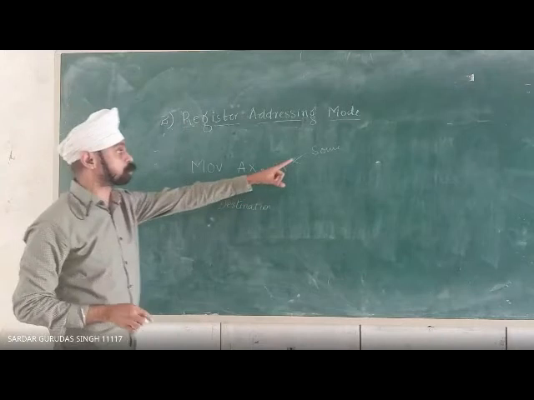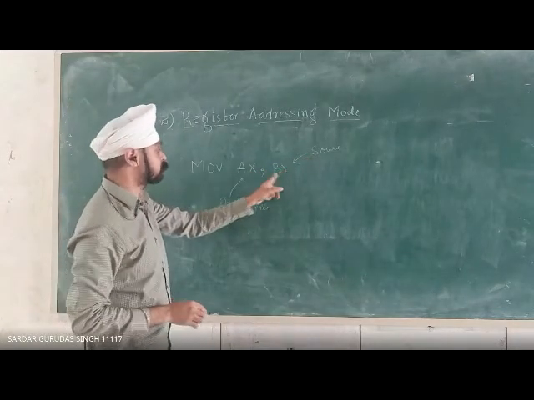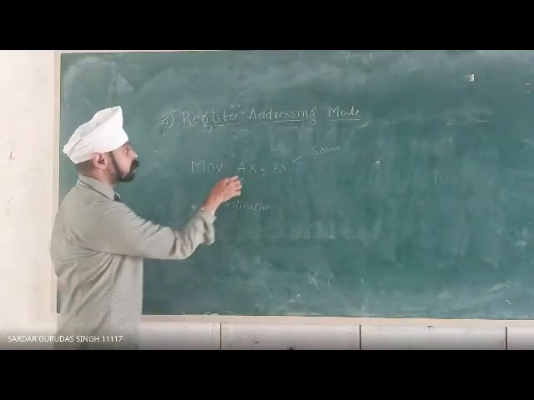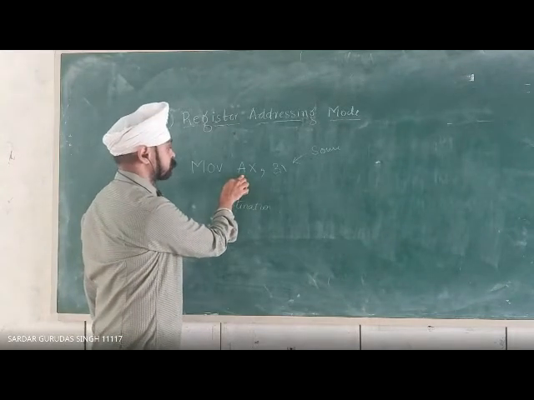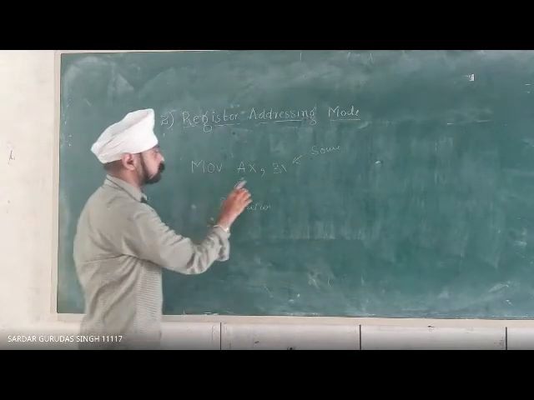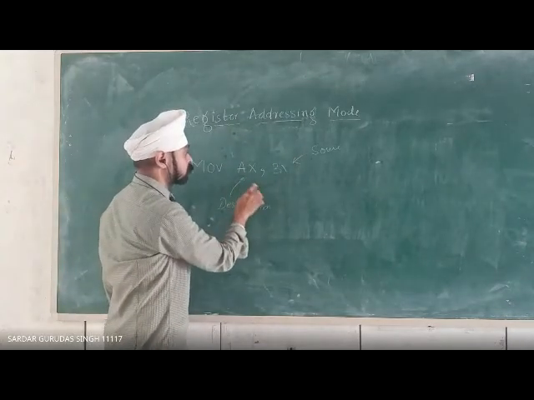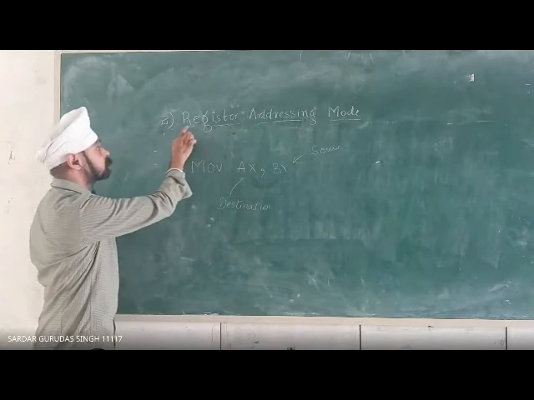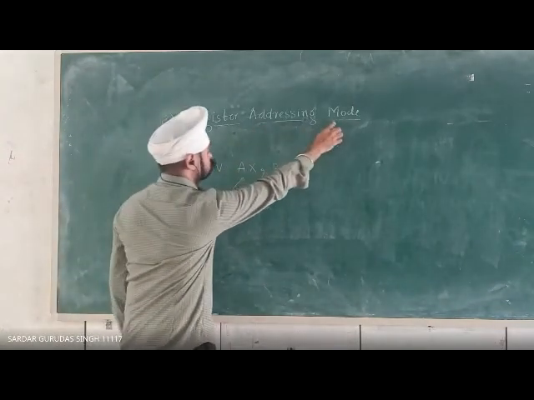The source operand is located in the BX register. The destination operand is located in the AX register. If you are addressing the operand with the help of the register, then we call it register addressing mode.